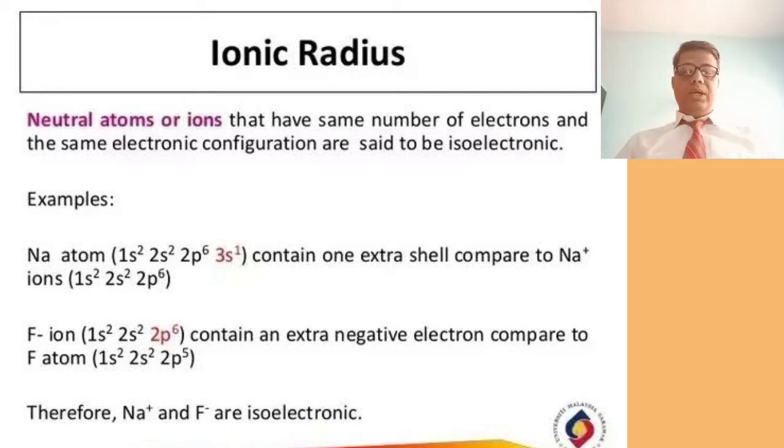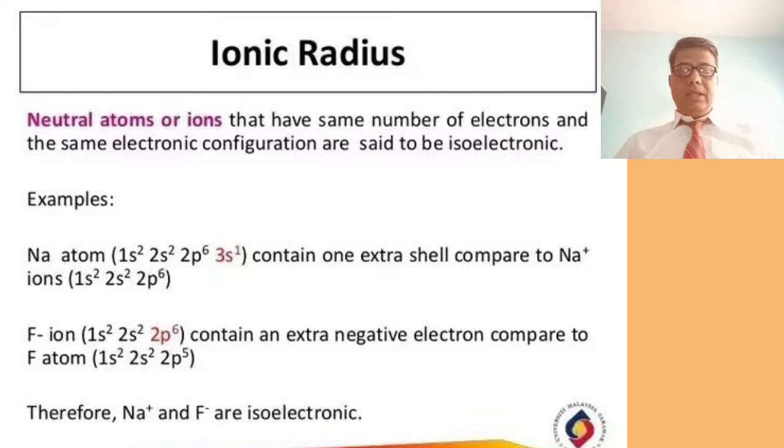If the nuclear charge is higher, the size becomes smaller. Simply, we see the example of F minus and Na plus. F minus is an anion formed by gaining an electron, and Na plus is a cation formed by loss of one electron. Both have 10 electrons. How is it?